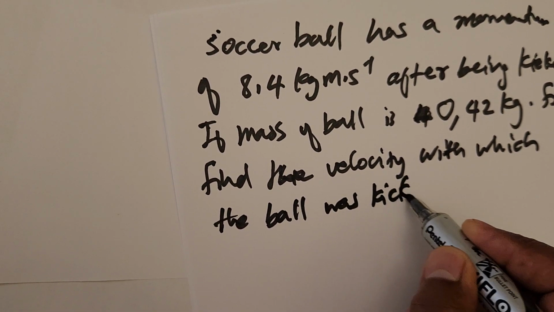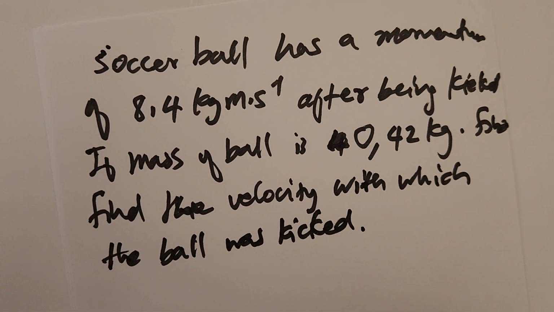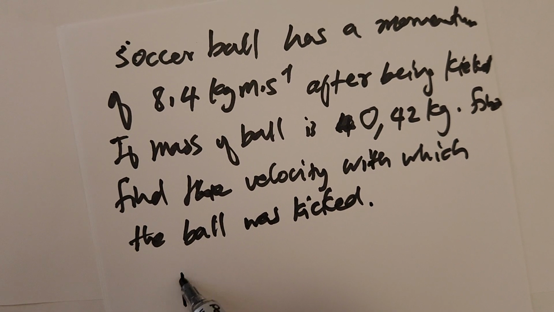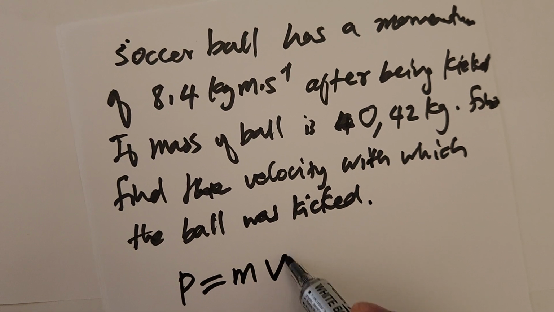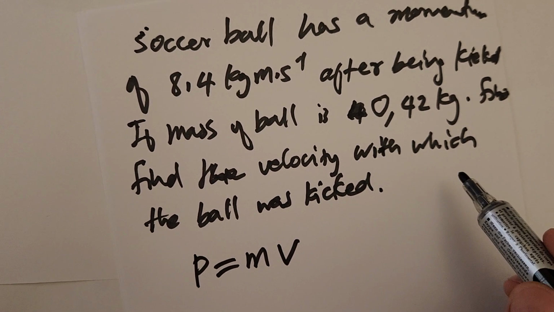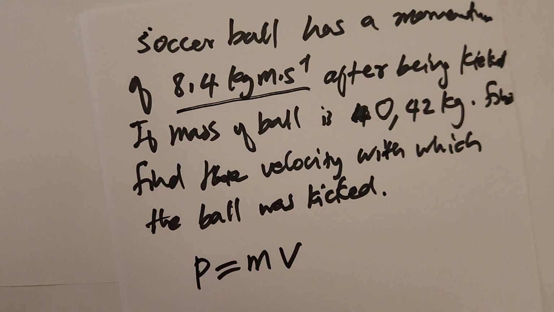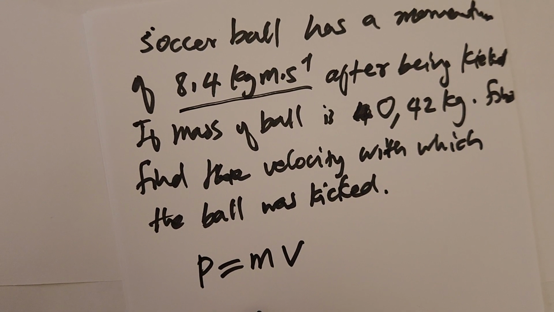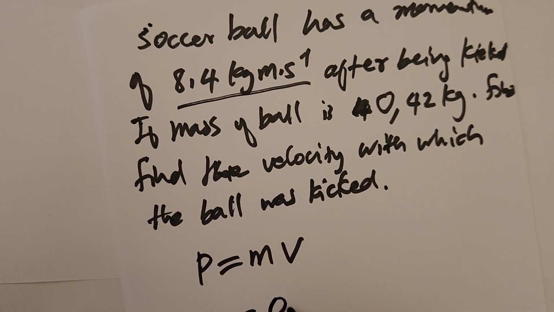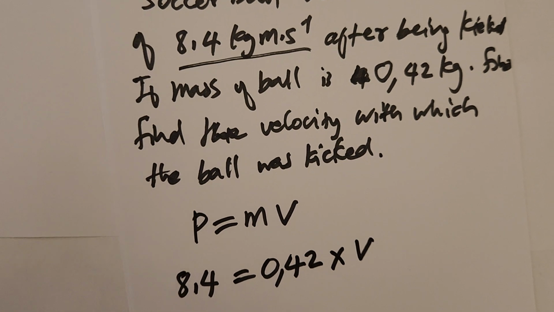So it's not always that you'll be calculating momentum. You can be given a momentum and then asked to calculate the velocity as well. So what do we do? We first write the formula, P equals mv. Then we substitute. The momentum of the soccer ball is 8.4, then the mass of the ball is 0.42, multiplied by the velocity.